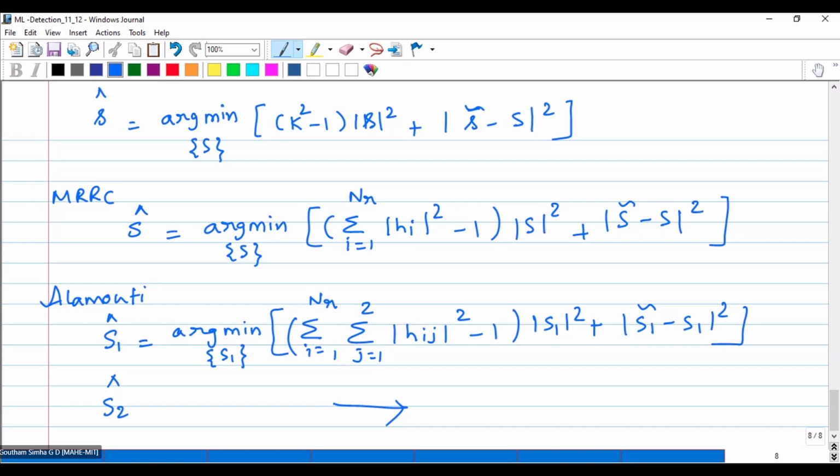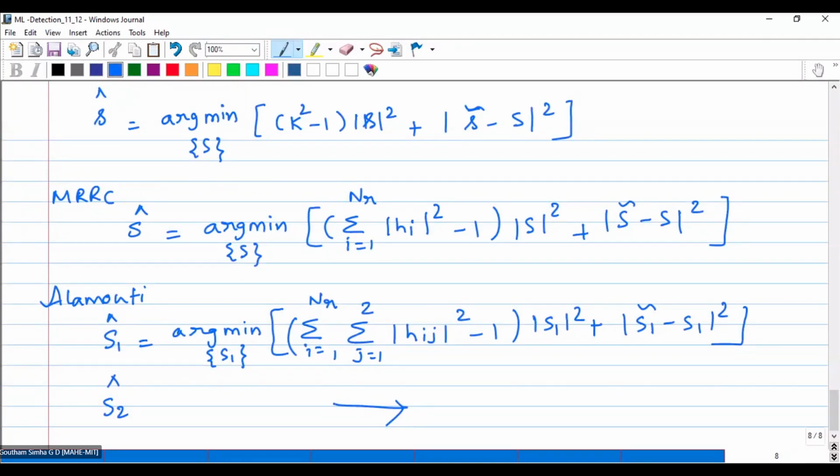Because of 2 receivers, you have array gain and diversity gain of 2. But in case of our Alamouti coding, you have array gain of 1 and degrees of freedom of 2, and directivity would remain the same.